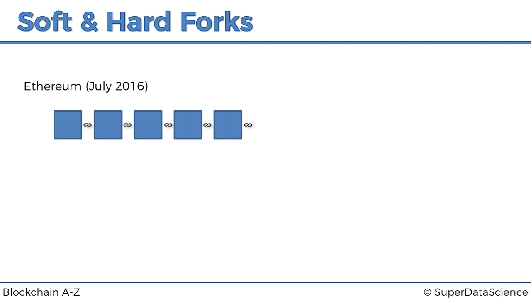Ethereum in July 2016 at block number 1,919,999, what they did is they introduced new rules that would allow them to reverse the logic in the contract that allowed the attacker to steal the ether from the DAO.